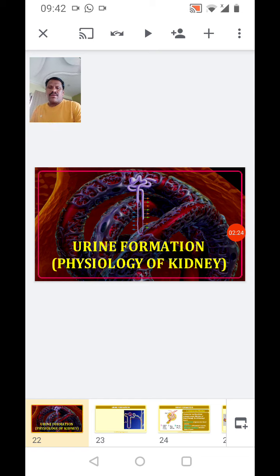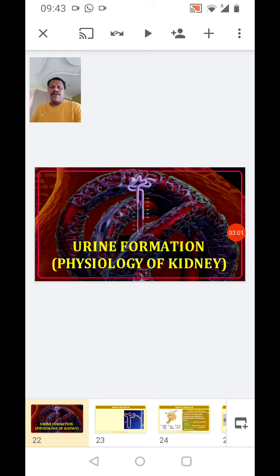And behind the Bowman's capsule, the convoluted tubule is present, which is known as the renal tubule. This renal tubule is differentiated into three parts. Number one is the proximal convoluted tubule or PCT, and the second, middle part is U-shaped or hairpin-shaped, known as Henle's loop, which contains two limbs: the descending limb and the ascending limb.